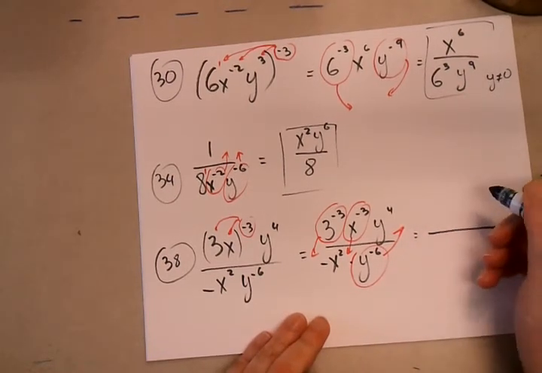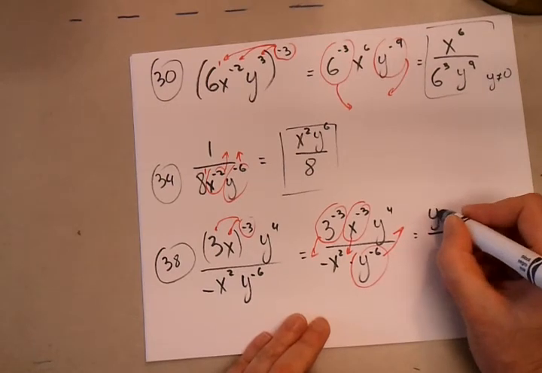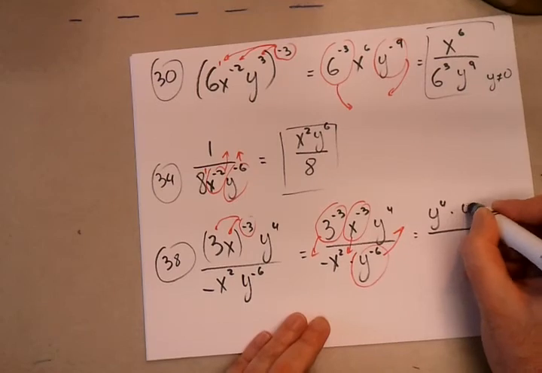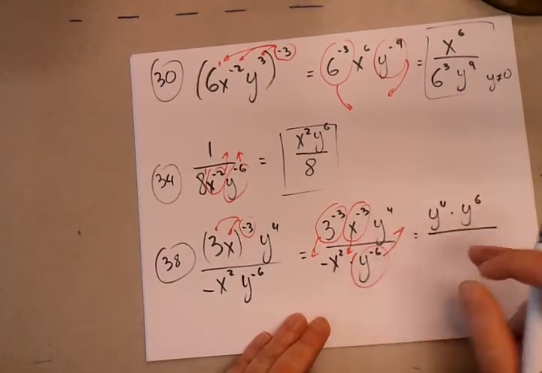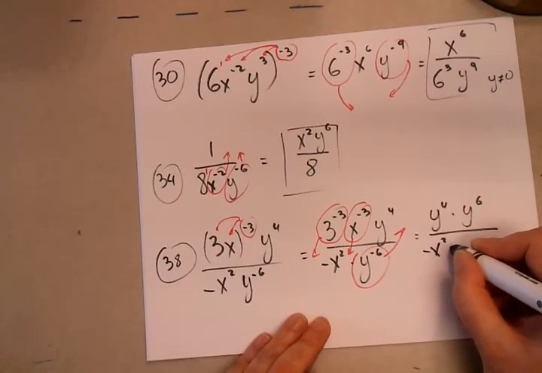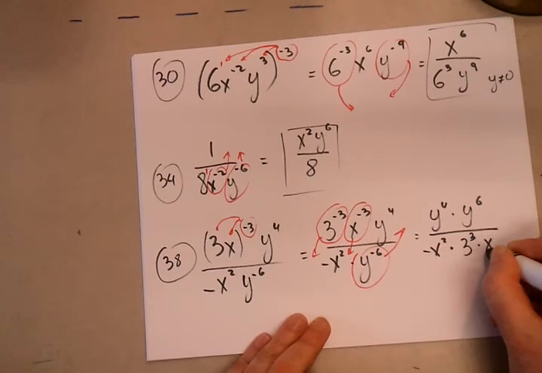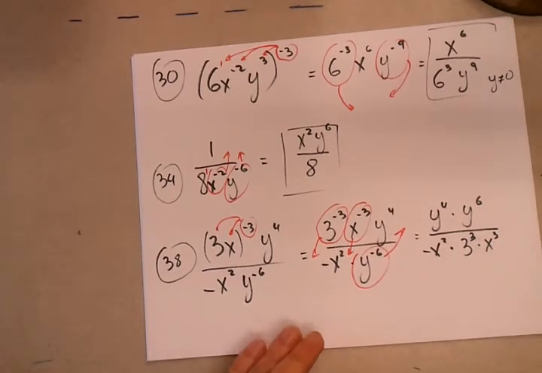We're going to have over here y to the 4th times y to the 6th, so that and that. On the bottom we have that negative x to the 2nd times 3 to the 3rd times x to the 3rd. Alright, good. So the only thing left for us to do is some simplifications.